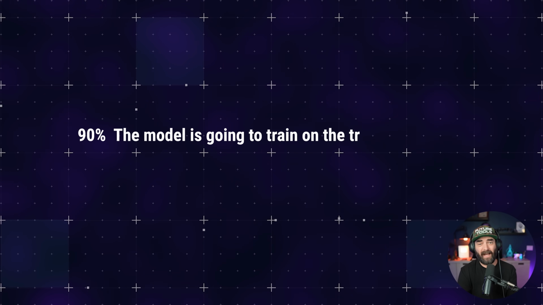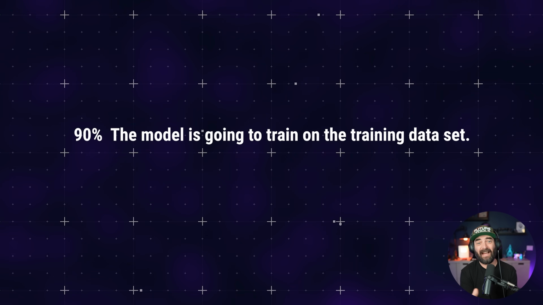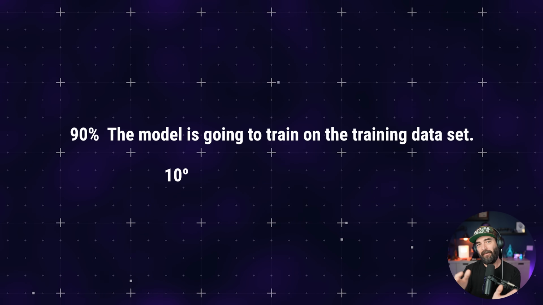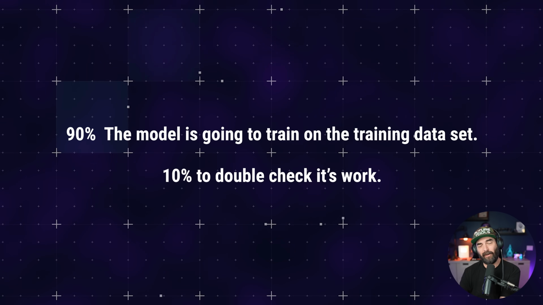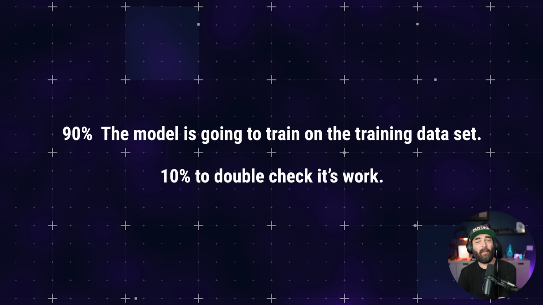If you're wondering why I split it off into 2 files where the training data set is 90% and then we have a validation data set of 10%, well, basically the model is going to train on the training data set, the 90% that we gave it. And then that final 10% is sort of like for the AI model to double check its work.